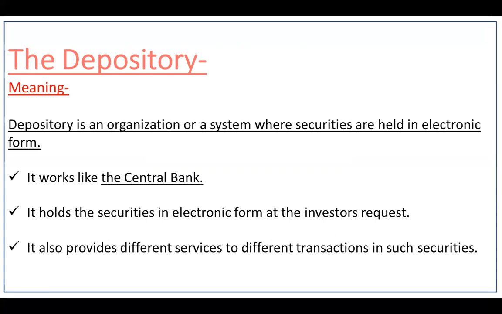In the previous video, we already discussed the depository system and the banking system. In the banking system also, there is a system where the money is held.